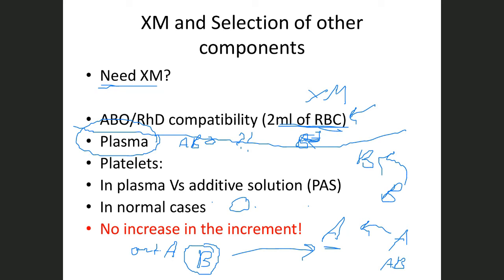So what will happen if I give plasma from an O donor to A? What type of antibody does this donor have? Anti-A and also anti-B, excellent. So again, I will kill him, so we shouldn't do that. It should be compatible. This is the first choice, this is the second choice.